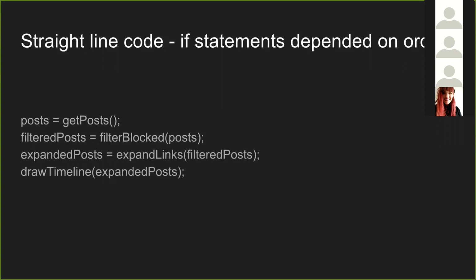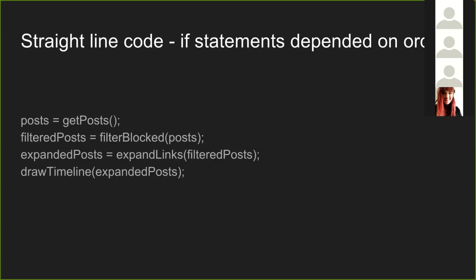So this is how to use return values and parameters to make the dependency clear, if you could change these methods, of course. The result of get posts, you put in a variable, then you call the next one with that variable, and you can see what's happening here.